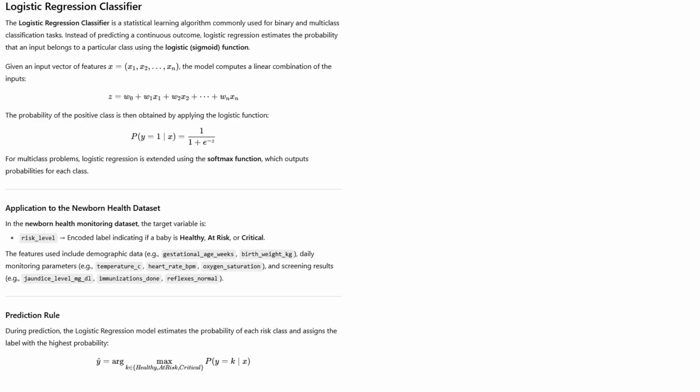In our newborn dataset, the classifier assigns probabilities to each health status, healthy, at risk, or critical, and selects the class with the highest probability as the prediction. This makes logistic regression both interpretable and effective for medical classification problems.